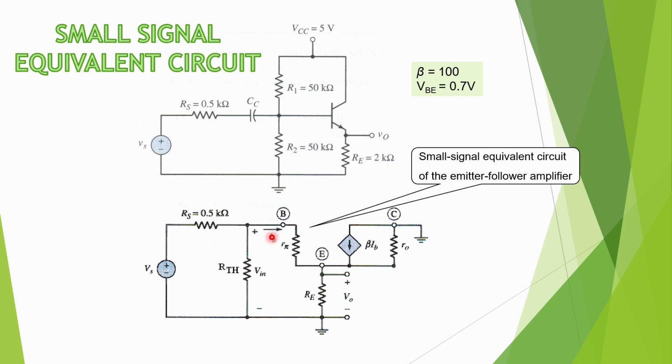Between the base and the emitter we connect an r pi resistance, and between the emitter and the collector we connect a current source beta times IB. The same Vs is applied here, the Rs resistance is connected here, and the coupling capacitor will be a short in the AC analysis. R1 parallel R2 is the RTH across here, and the collector is connected to ground. The output terminal will be across the emitter. Hence this is the small signal equivalent circuit of the common collector amplifier.